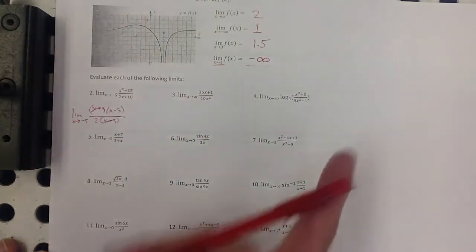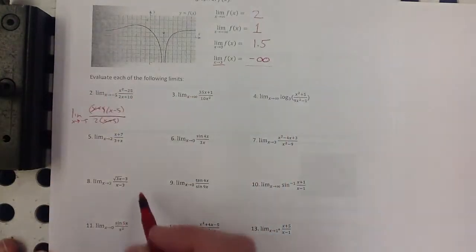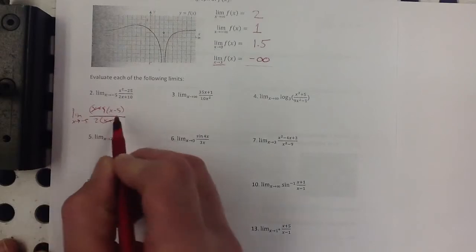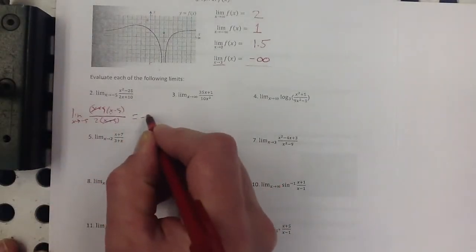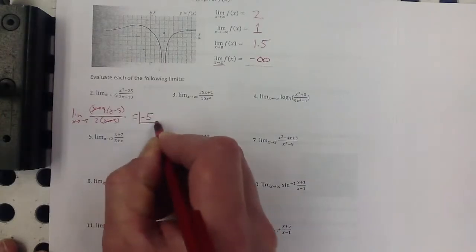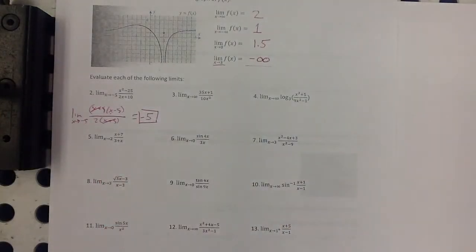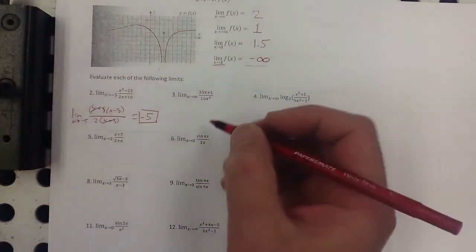The x plus 5s, which were causing the 0 over 0 problem, cancel. And now I can plug in the negative 5. So negative 5 minus 5 over 2, which is equal to negative 5. Sorry, negative 10 over 2, I meant to say.